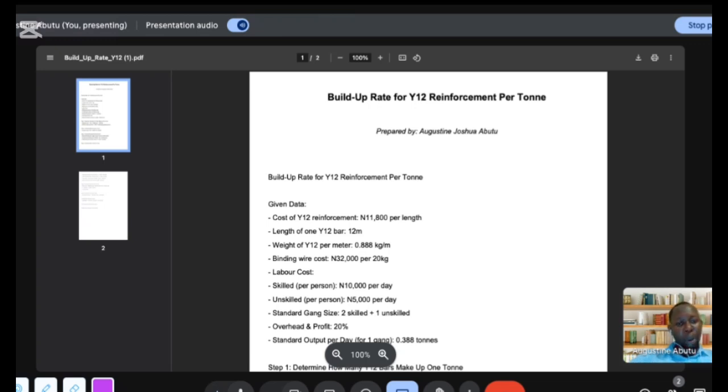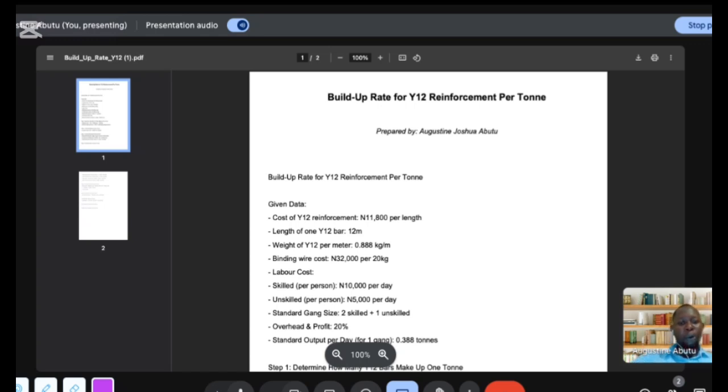So for Y12, the diameter squared, which is 12 times 12, multiplied by 0.222 divided by the diameter of that bar, which is 36, right? It will give you 0.888. You've converted the bar to kg. So now it is in kg.